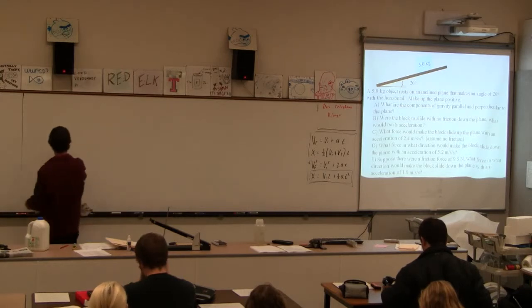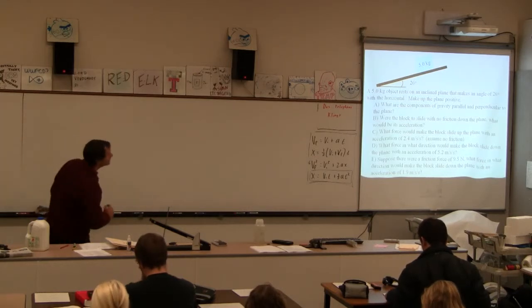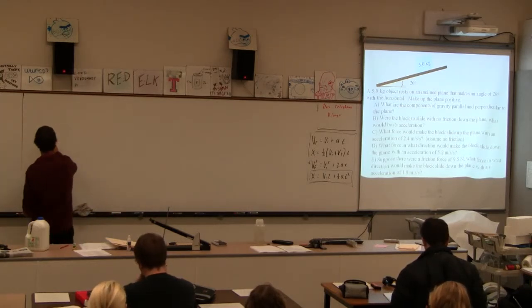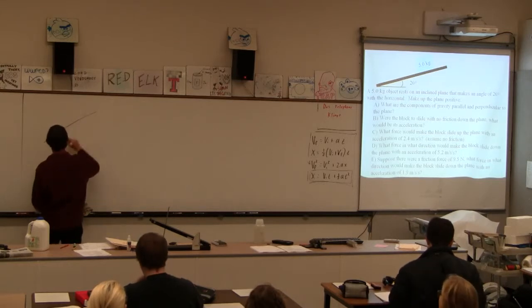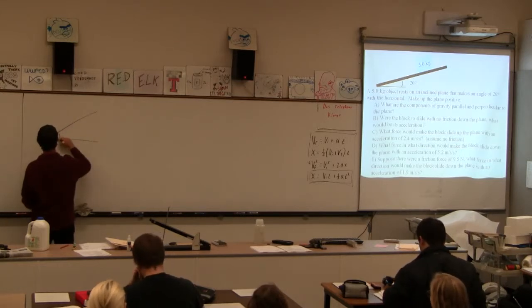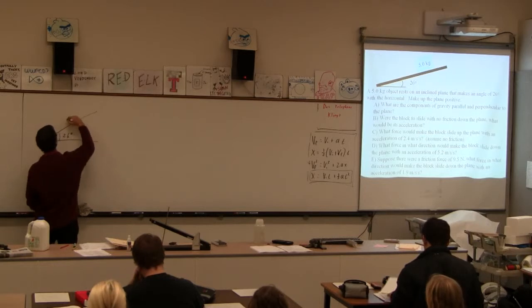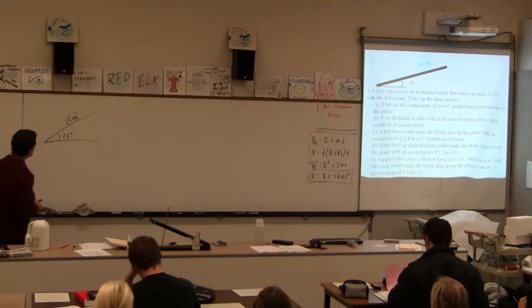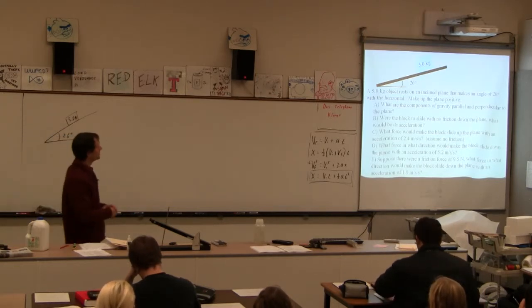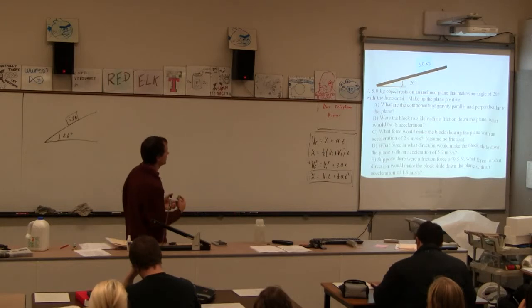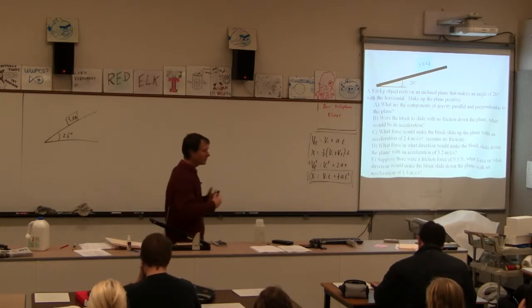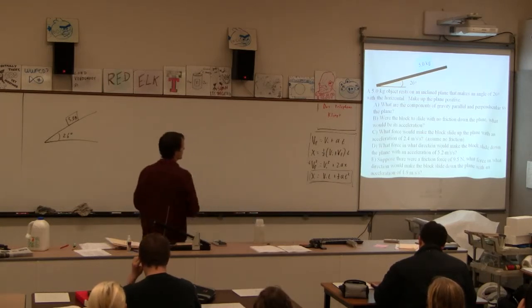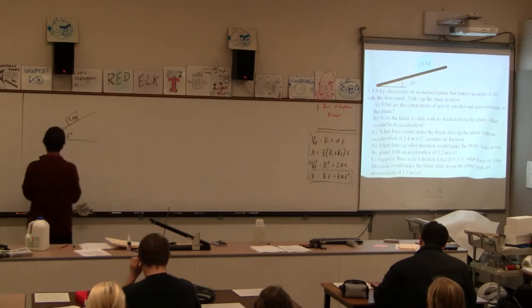Okay, so here's this inclined plane, and it's a 26-degree angle, 5 kilograms. The first question says, what are the components of gravity parallel and perpendicular to the plane? We only have to do this once.